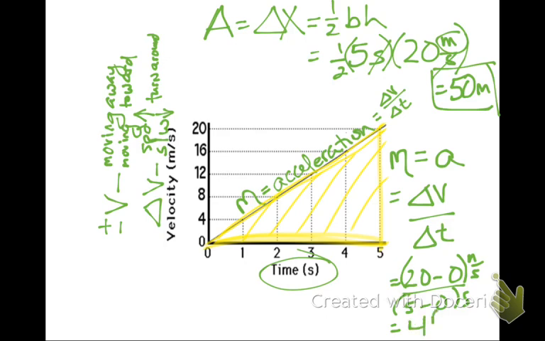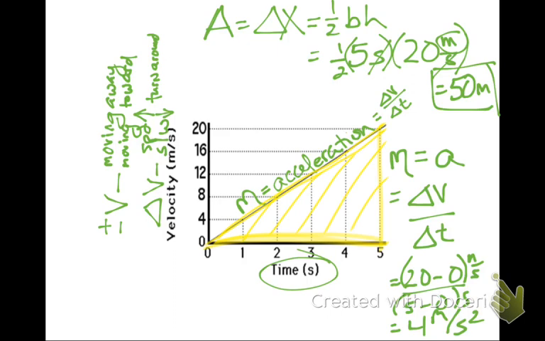That gives us 4 meters per second squared. Yes, I know we can subtract 0 in our head. The reason I wrote it out like this is I want to make sure we understand that you have to have 2 points. Acceleration, the same as a slope, is y2 minus y1 over x2 minus x1. You have to have those 2 points.